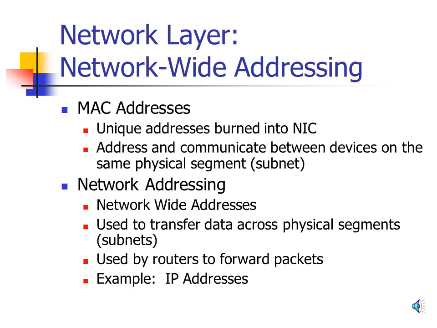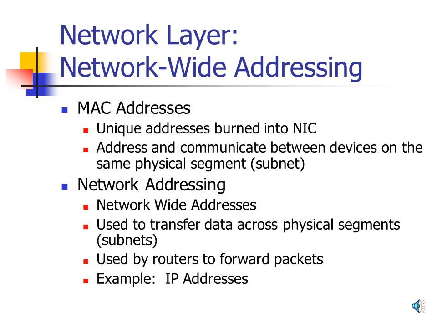Network layer, network-wide addressing. Now, when we talked about the data link layer, we talked about MAC addresses and how these MAC addresses, sometimes called hardware addresses or NIC card addresses, are unique addresses that are burned into the network interface cards. Now, these addresses are used to communicate and send data frames between devices that are in the same physical segments or the same subnets.